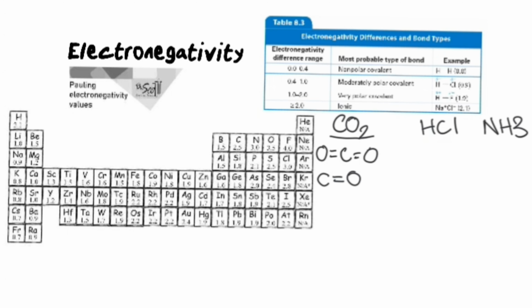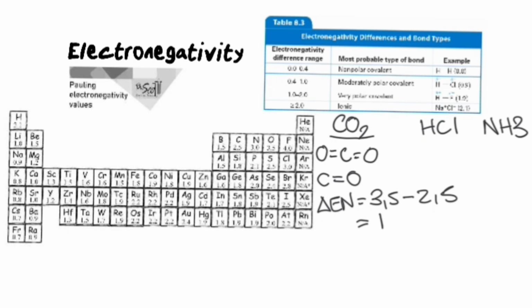When calculating the electronegativities, I'm just going to need the two elements between which the bond occurs. So the difference in EN is equal to, now carbon is 2.5, oxygen is 3.5. We start with the biggest one, 3.5 minus 2.5, and the answer is 1, no unit.